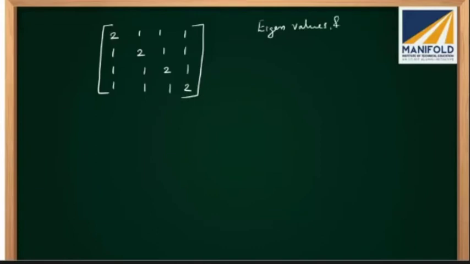You can all try to solve this by some other method. But once we learn eigenvalues and its properties, I'll solve this very easily. It will take only 1 minute. So Vishnu, I'll be discussing this particular problem once we discuss eigenvalues and its properties.